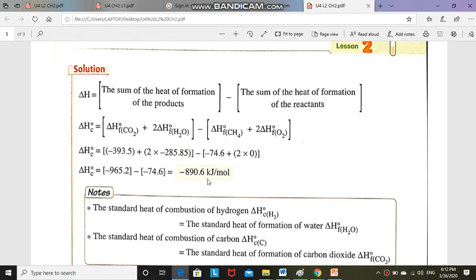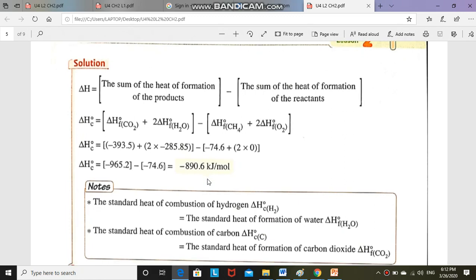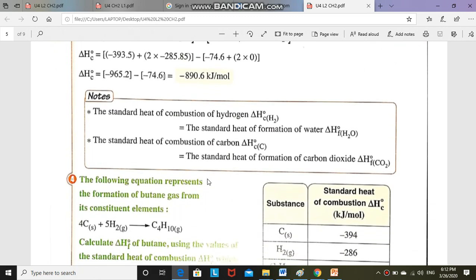Here we have some rules to combine heat of combustion and heat of formation. The standard heat of combustion of hydrogen gas equals the standard heat of formation of water, the same amount of heat, it's just a value.